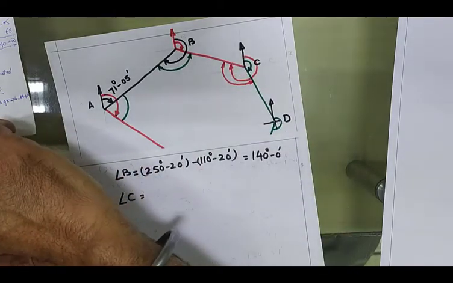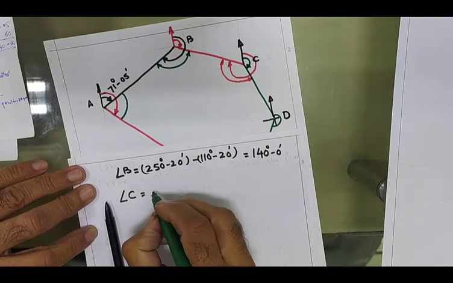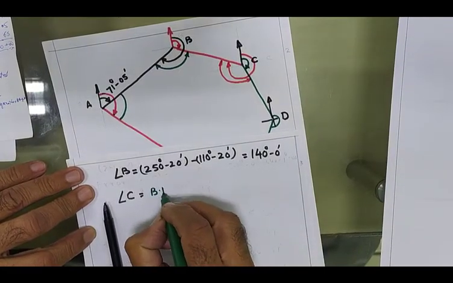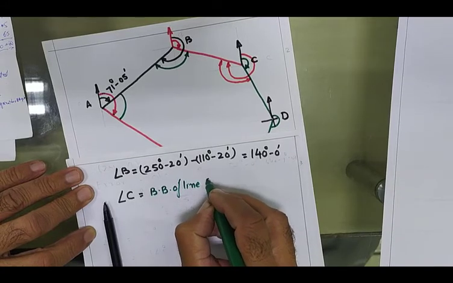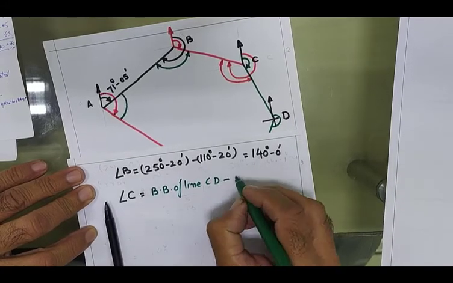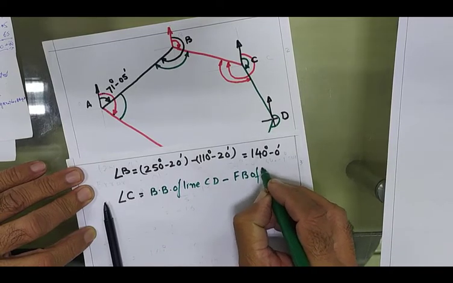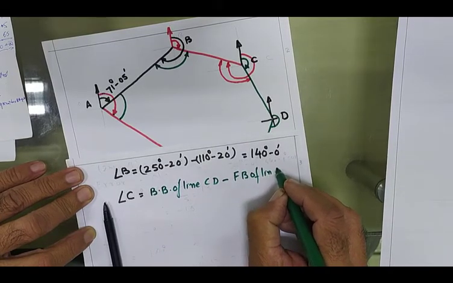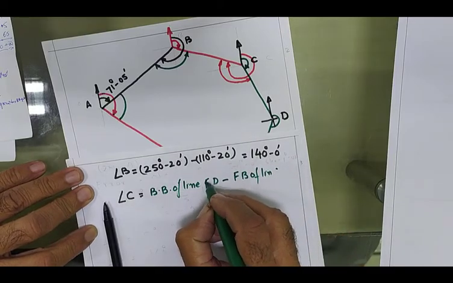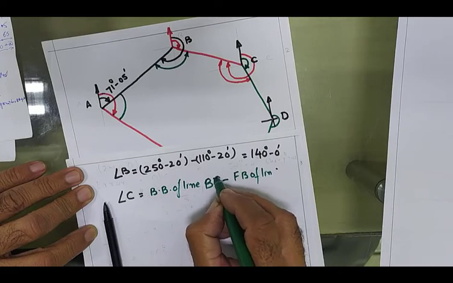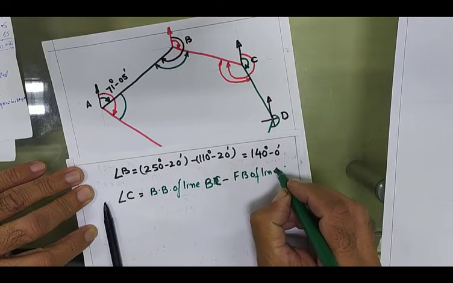Now angle C is given by the back bearing of line BC minus the forward bearing of line CD. Like this.